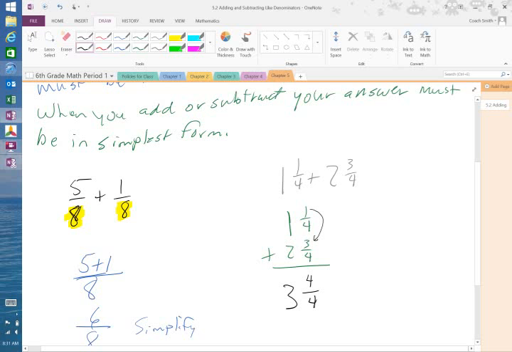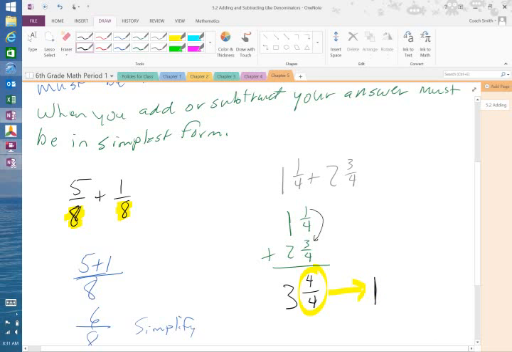Okay, now I have to put 4 over 4 in simplest terms. What is 4 over 4 equal to? Well, this is an improper fraction that is equal to 1.